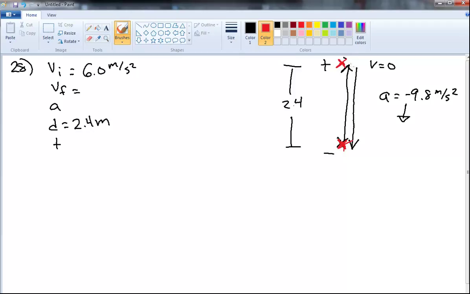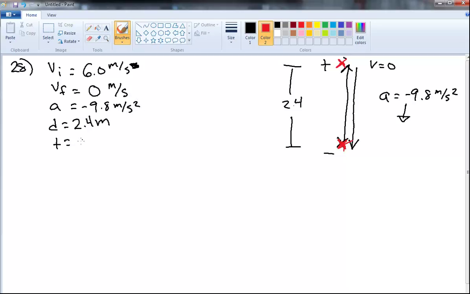The final velocity is going to be 0 because that's its velocity at the peak height. That's when the ball stops. And look at this, that's a meters per second, not a meters per second squared. Acceleration, since this is free fall, it's negative 9.8 meters per second squared.